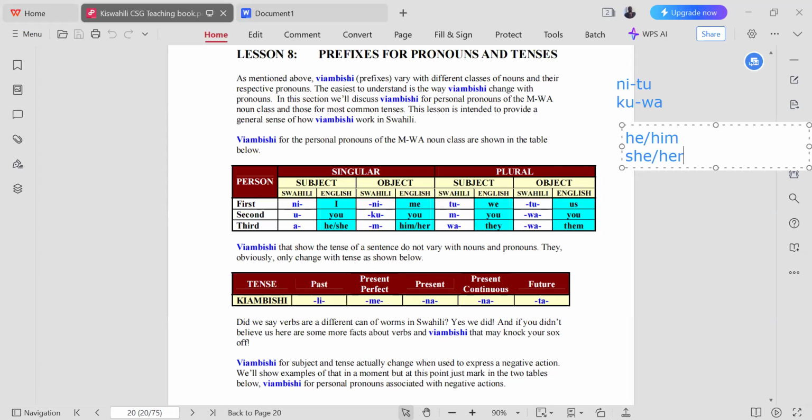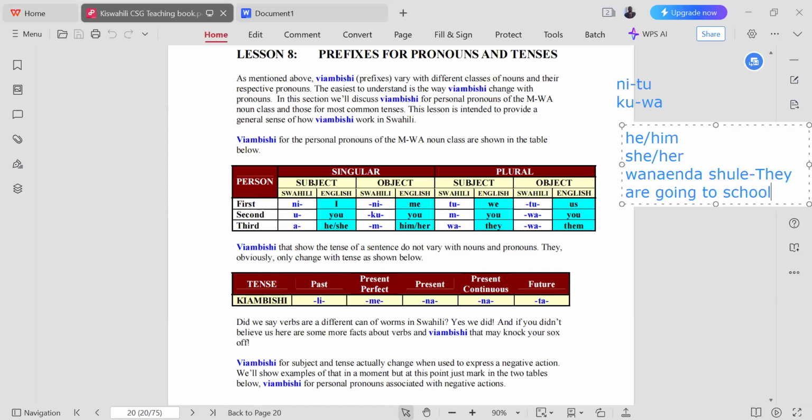So, for example, in this word they and them, I'll give you an example. In Kiswahili, it is wa in a subject, which means wanaenda shule. Wanaenda shule, which means they are going to school.